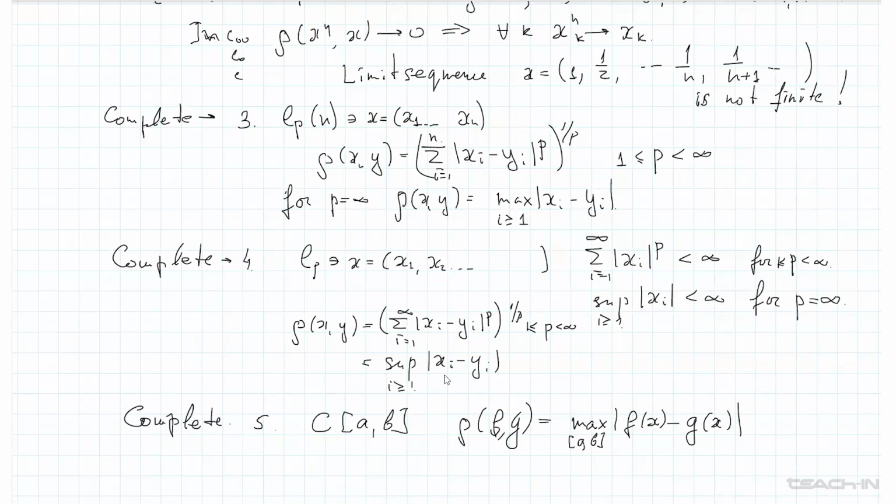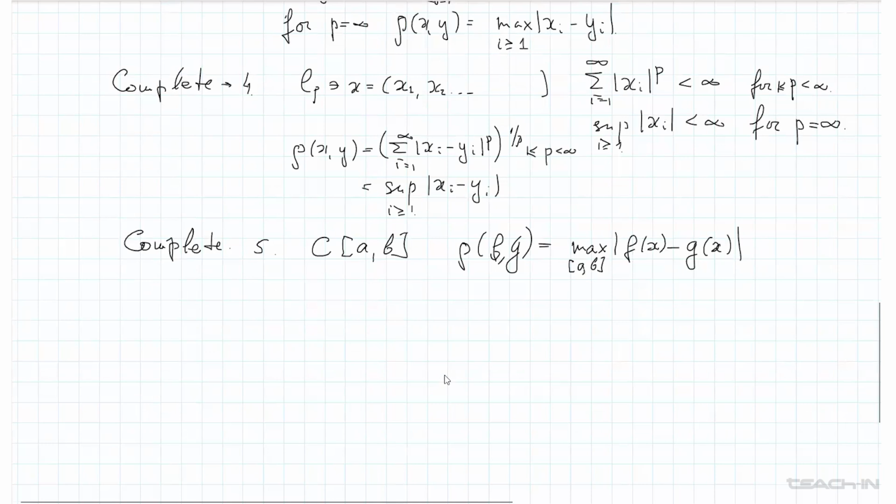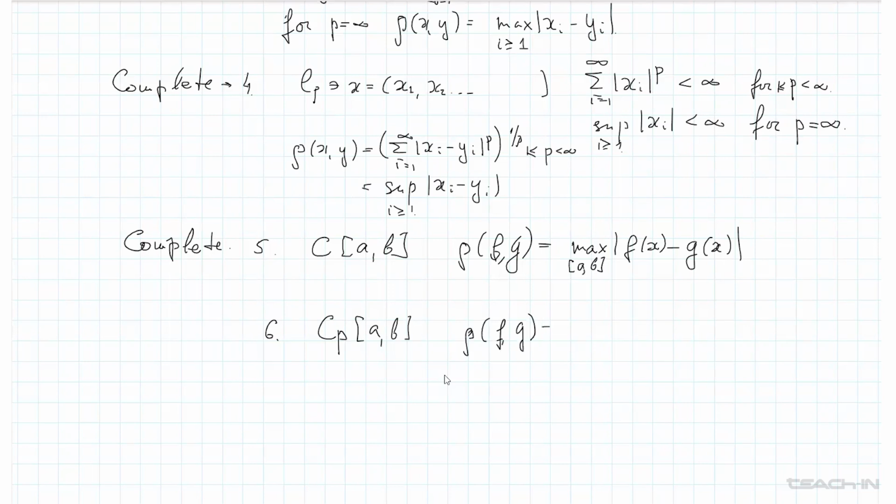But for example, I can consider continuous functions with another metric. I define this space in the following way. Parameter p shows that we consider the integral metric. The functions are continuous, so we consider the Riemann integral.